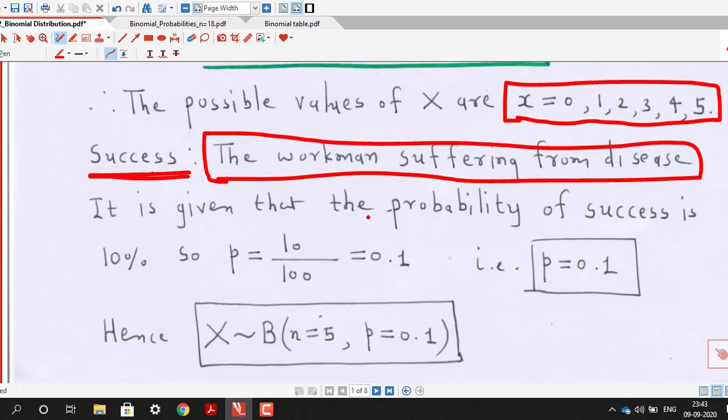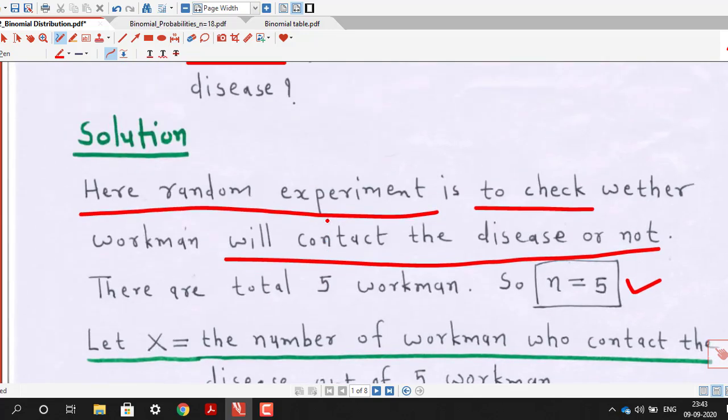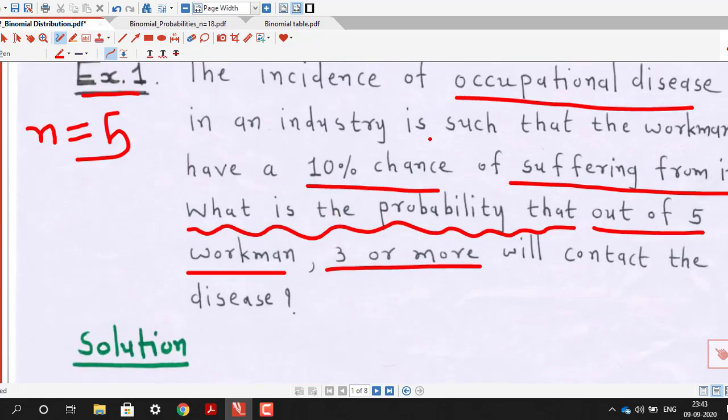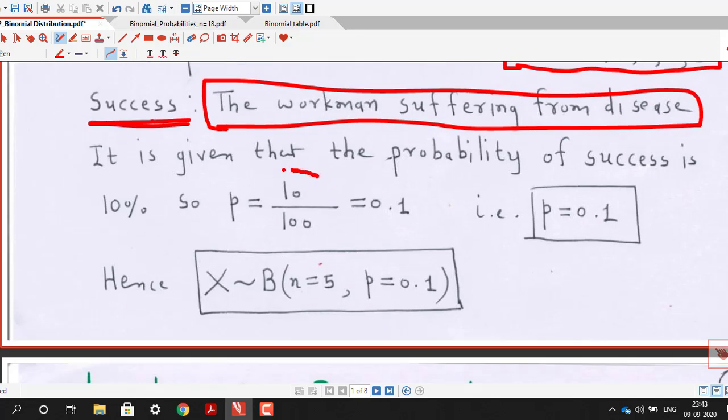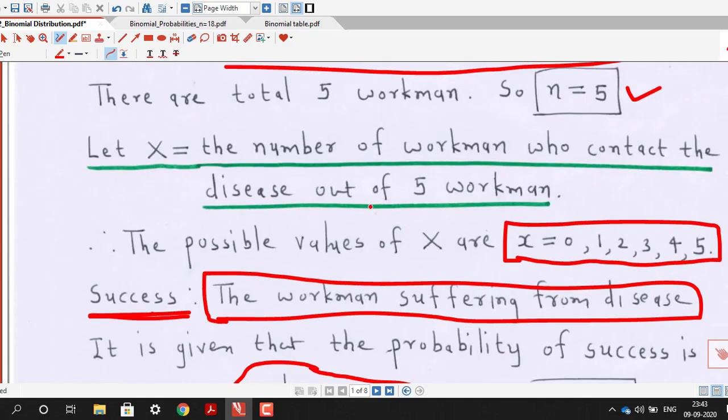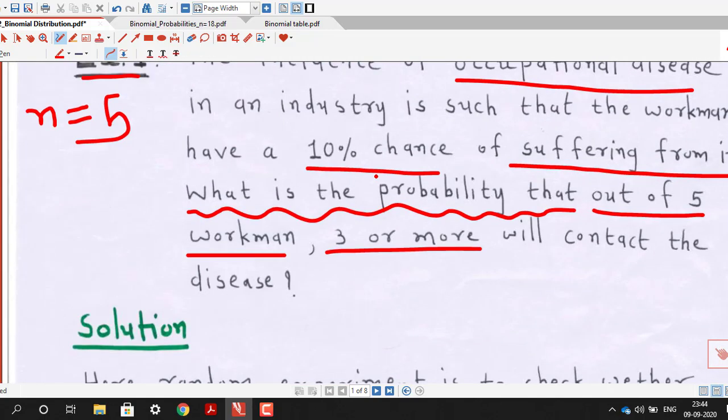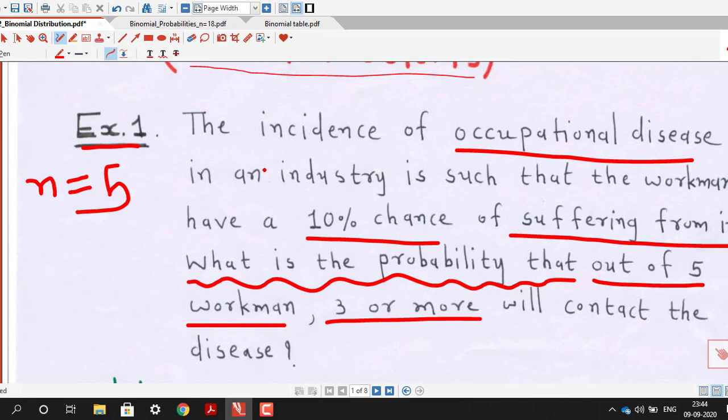Now it is given that there is a 10% chance that a workman will be suffering from this disease. That means the probability of success is P equal to 10 by 100, that is 0.1. And we can see all the 4 conditions of a binomial experiment are satisfied. The number of trials is finite, and trials are independent, that means there is no influence of one workman on another workman for this occupational disease.